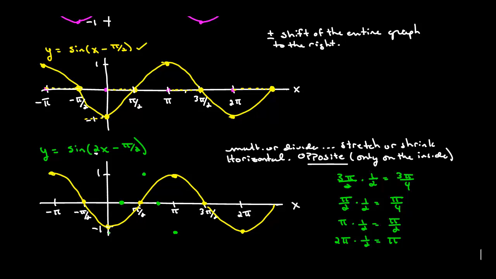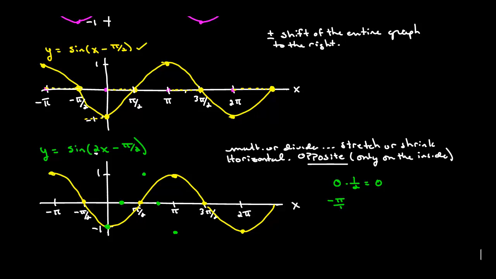The guy that happens at 0, well, if we do the math out over here, okay, let me delete this so we have some more room. 0 multiplied by a half, well, that's still 0, so this guy stays where it is. Negative pi over 2 multiplied by a half. The reason we're multiplying by half is because we're doing the opposite of multiplying by 2.